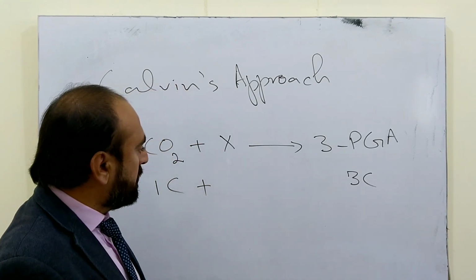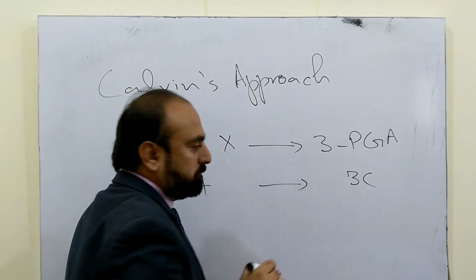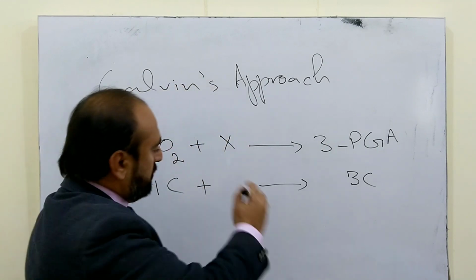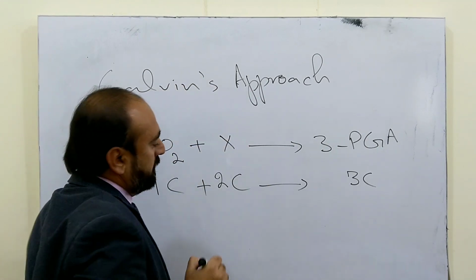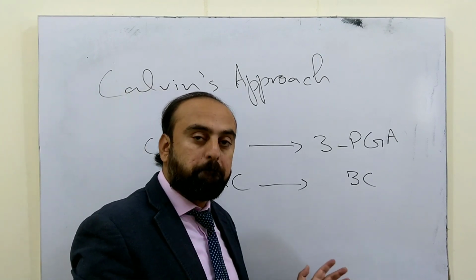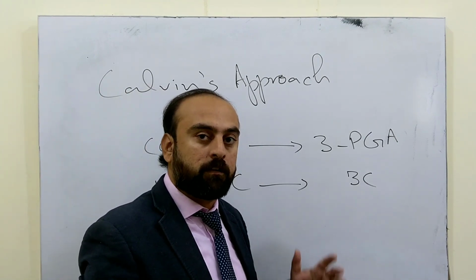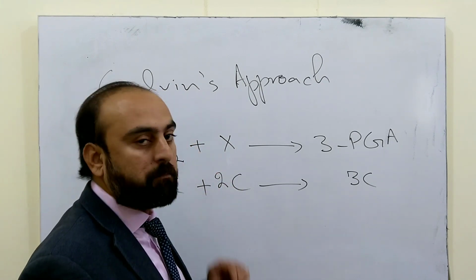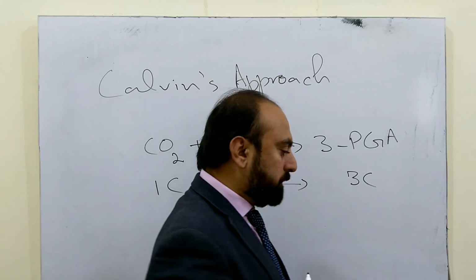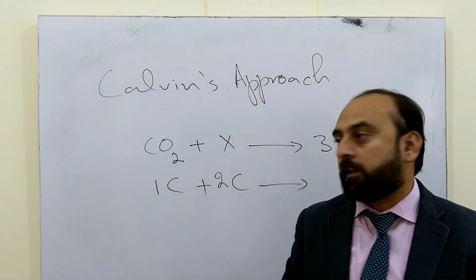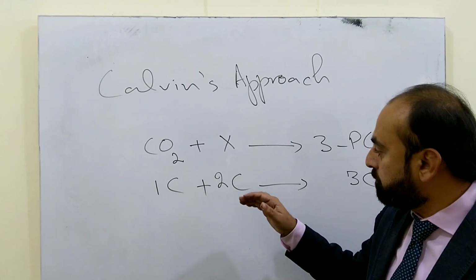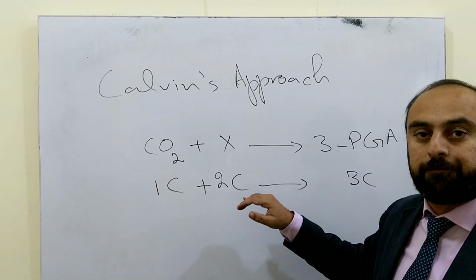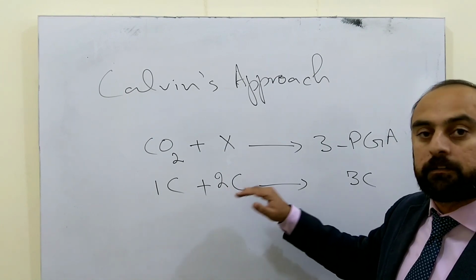So from simple chemistry, what do you guess? You would think it is a 2-carbon compound, and Calvin and his colleagues had the same thinking. And for the next 10 years they kept on tracing this 2-carbon compound, which they never found because it doesn't exist.